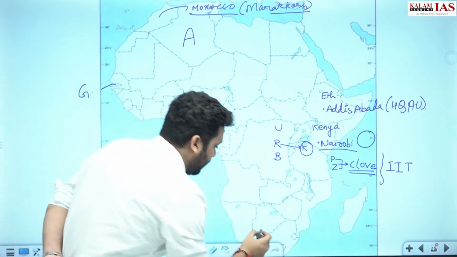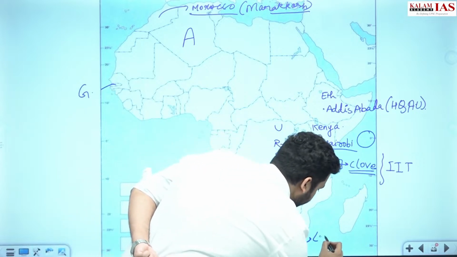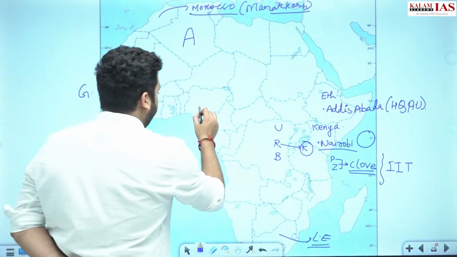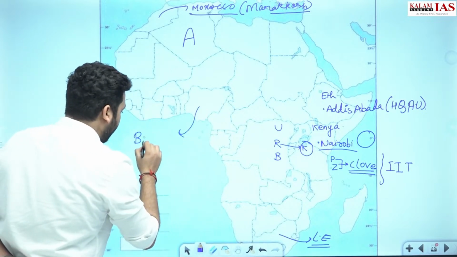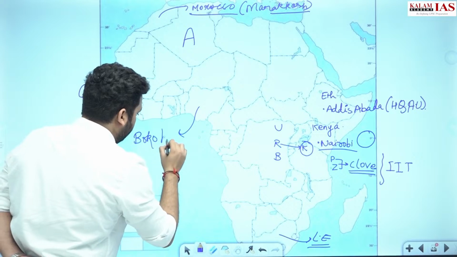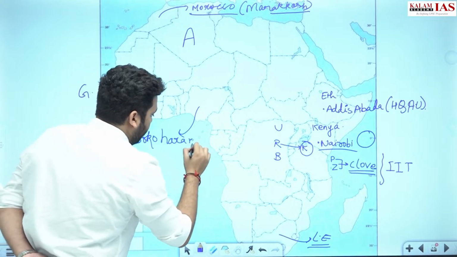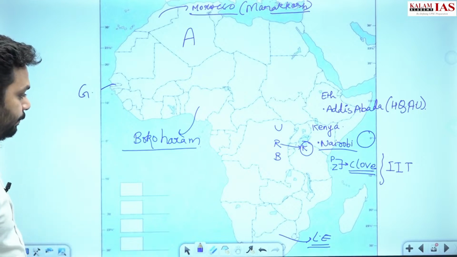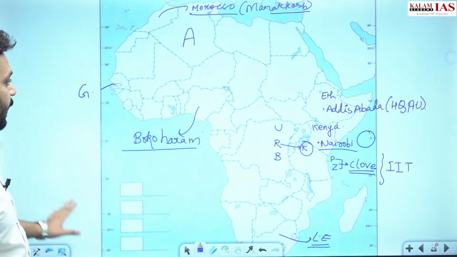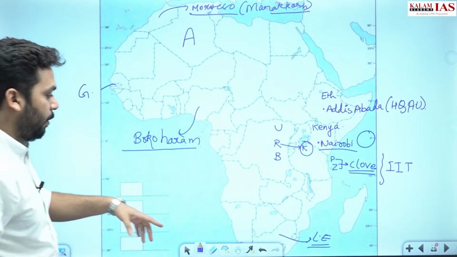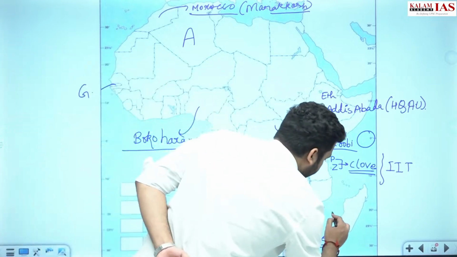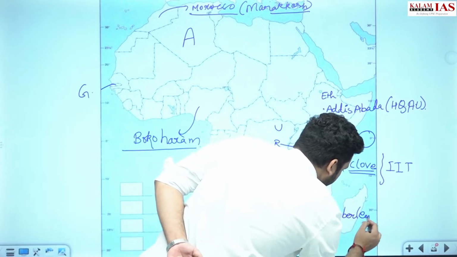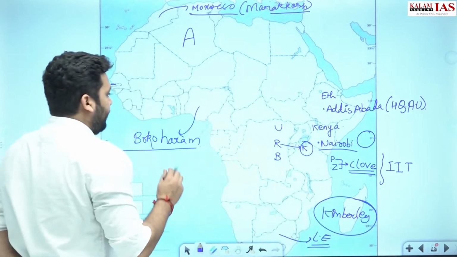Then in South Africa we have the large... Then we have Nigeria, where Boko Haram, a terrorist organization, is active. These are the political entries which we did. In South Africa we have Kimberley, a place famous for diamonds.